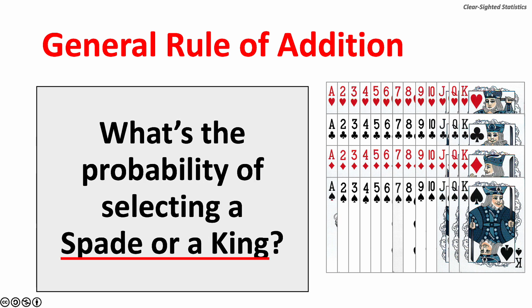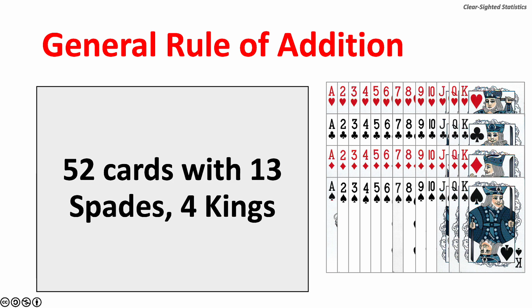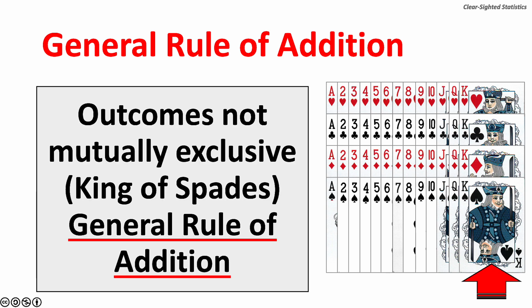Our question: what's the probability of selecting a spade or a king? Remember, the deck of cards has 52 cards with 13 spades and 4 kings. The outcomes are not mutually exclusive. There is the king of spades, hence the general rule of addition must be used.